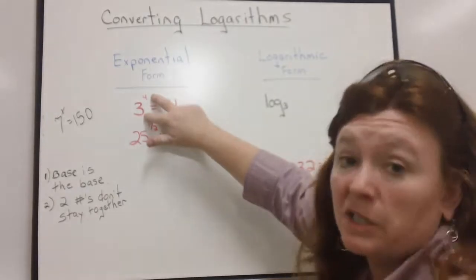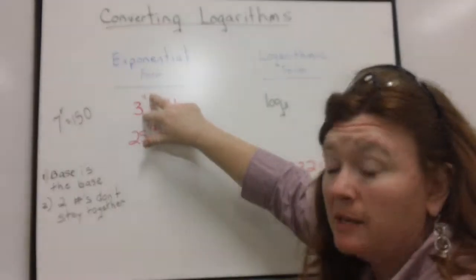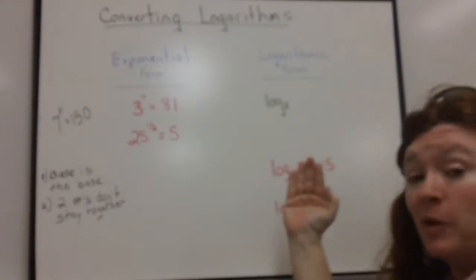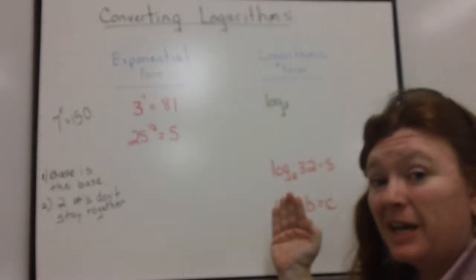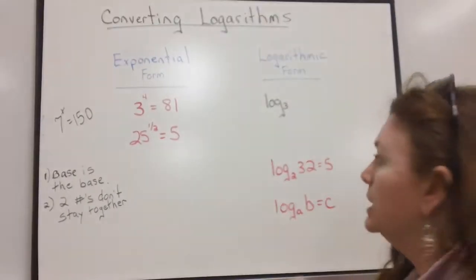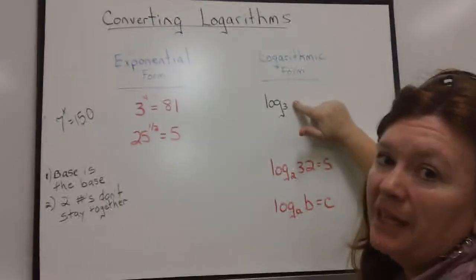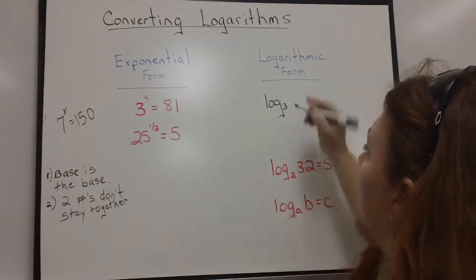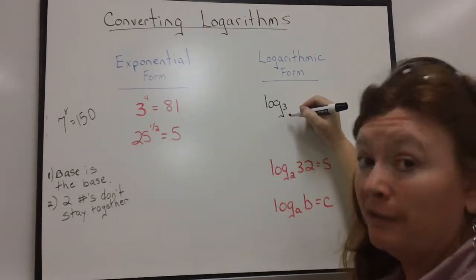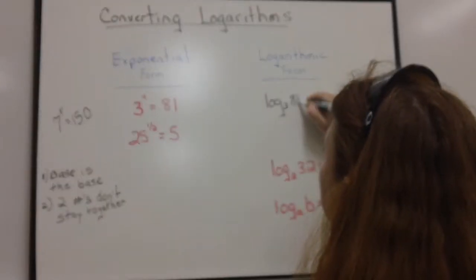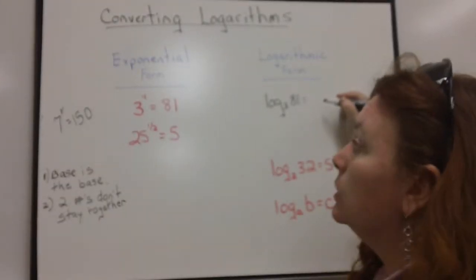The 3 and the 4 are together on the same side of the equal sign. When I want to change it to log form, then the 3 and 4 don't get to stay on the same side of the equal sign. So that's kind of a hint. If the 3 cannot be with the 4 anymore, it must be with the other number, the 81. Log base 3 of 81. That's how we word it. Equals 4.